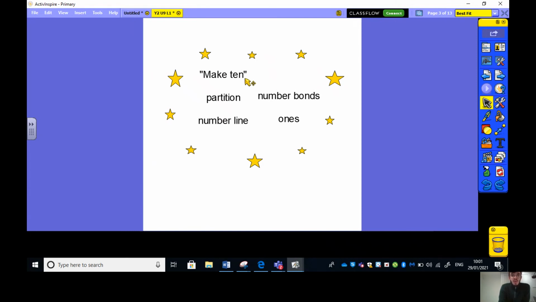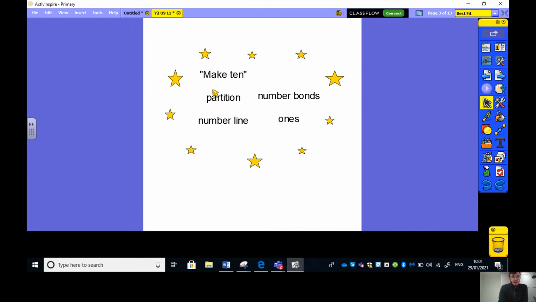Make 10 is when we want to make a multiple of 10. Multiples of 10 are just the numbers in the 10 times table. 10, 20, 30, 40, 50, 60, 70, 80. They are all multiples of 10. So when we make 10, we want to get to one of those multiples of 10.